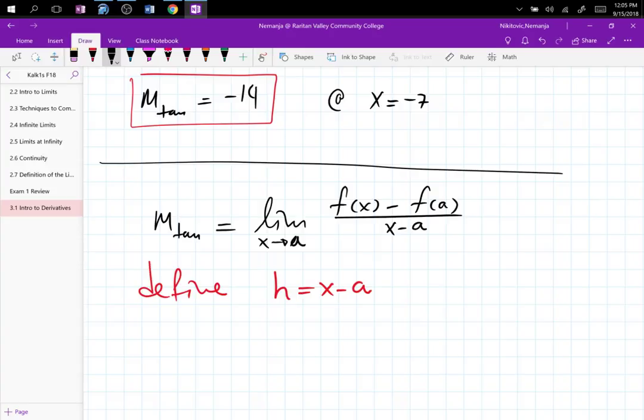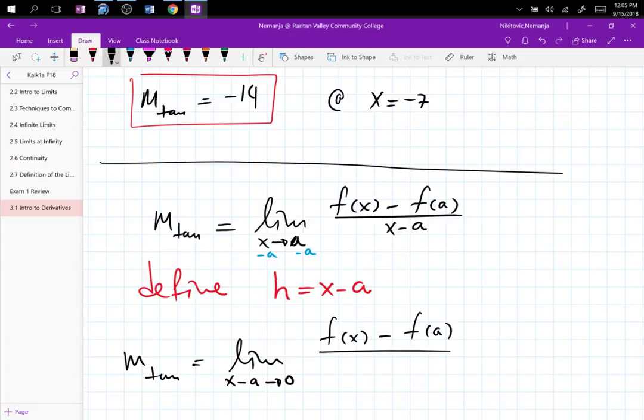So the first thing I can do, I see I can subtract a on both sides in the limit. So now I have that m tangent is equal to the limit x minus a goes to 0, and over here I have f of x minus f of a over what appears to be h in the denominator.